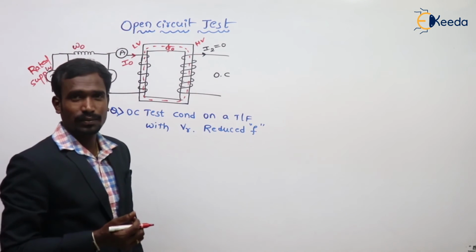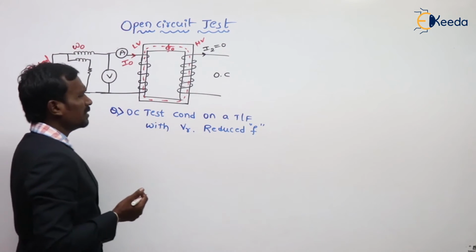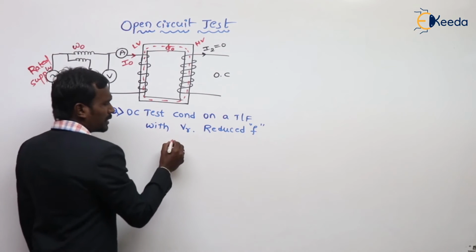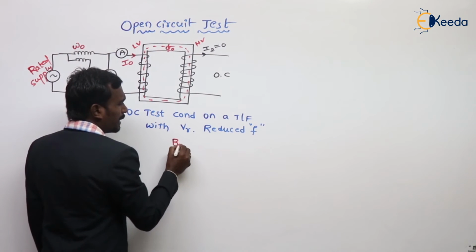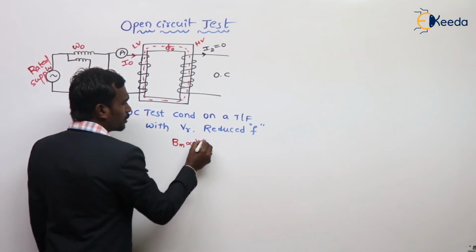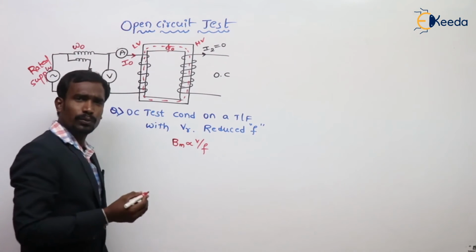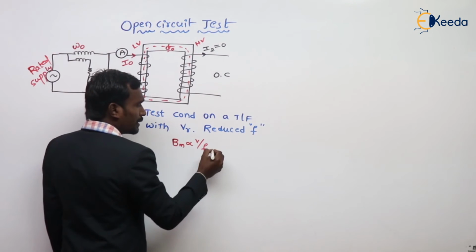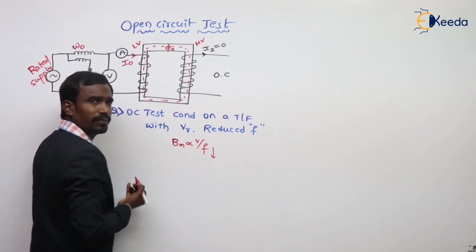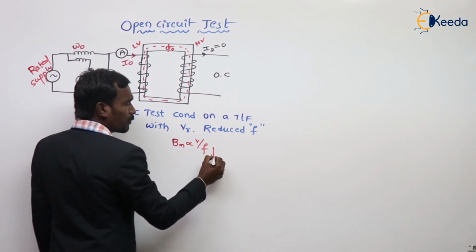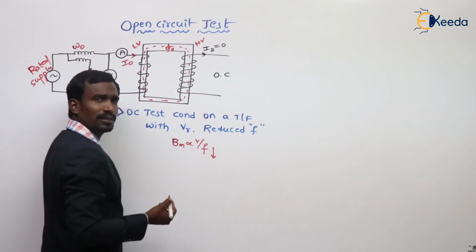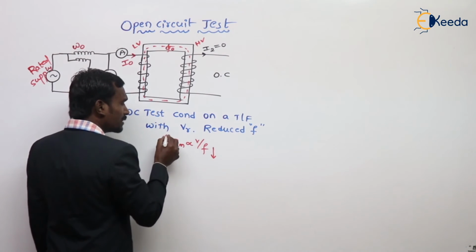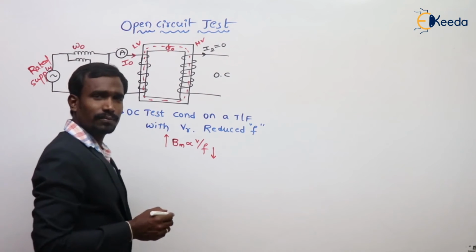So see here. First, B maximum is directly proportional to V by F, I told you. Here, rated voltage but reduced frequency. When the frequency reduces, then the flux density increases.